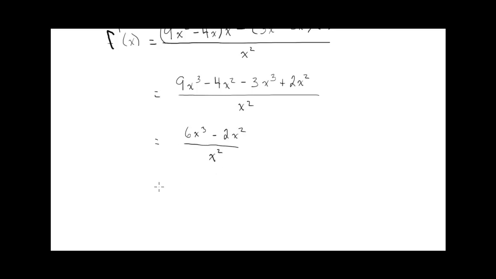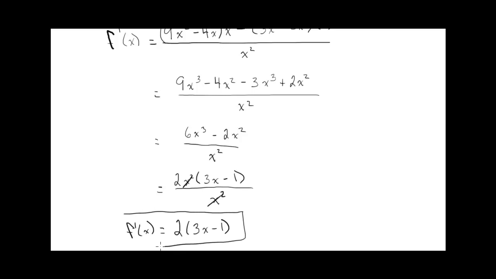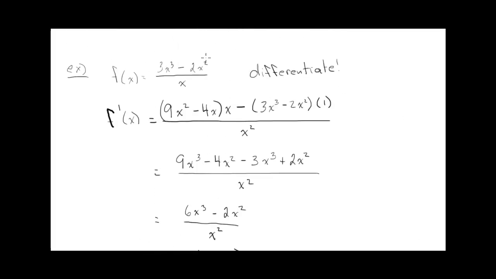So here there's an obvious factor on the top, right? You can factor out a 2x squared from the numerator, and you'd have 3x minus 1, all over x squared, and then x squared and x squared are common factors. So you have 2 times 3x minus 1. So that would be the derivative of the original function, which was this.